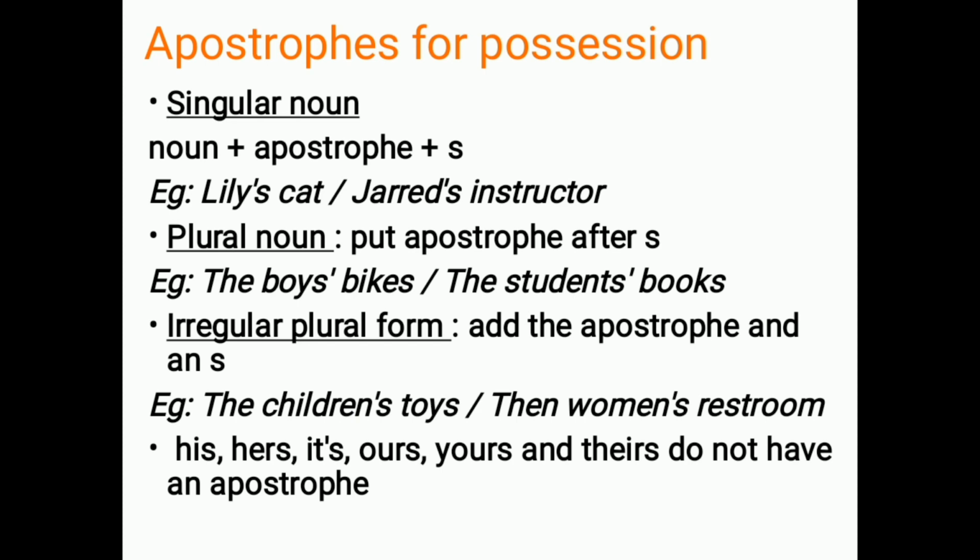Thirdly, if the noun has an irregular plural form, add the apostrophe and an S. For example, the children's toys, the women's restroom. And lastly, remember his, hers, its, ours, yours, and theirs do not have an apostrophe.